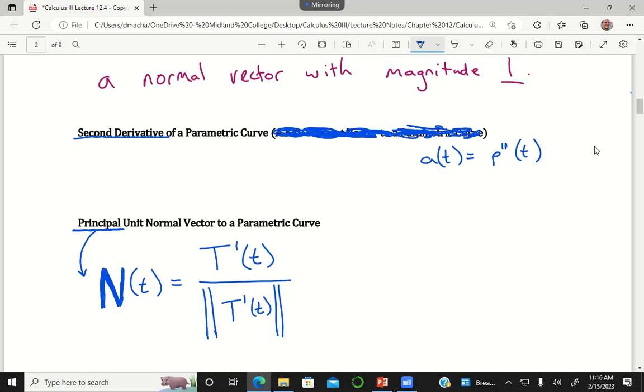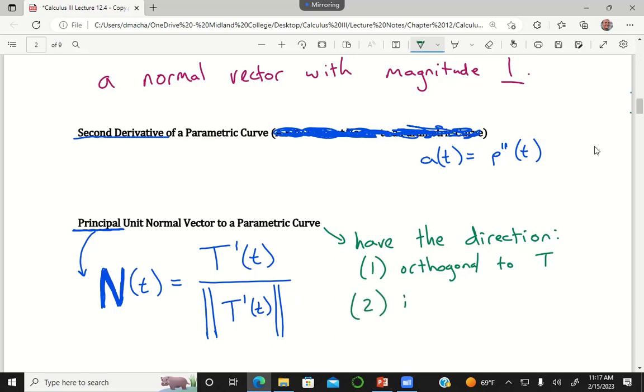And since there's infinitely many vectors that are orthogonal to the tangent vector, what's special about this principal unit normal vector, sort of how we choose the specific direction, is this vector is always going to have the direction of course, number one, orthogonal to the tangent vector.